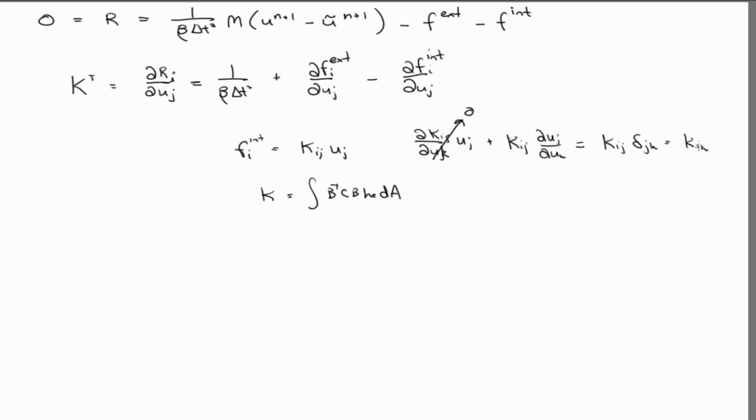Right. Yeah. The second one, if 1 over beta delta t squared, does it have M delta ij or something? There should be an M there, actually. Yeah, M ij. Sorry, left out a term.